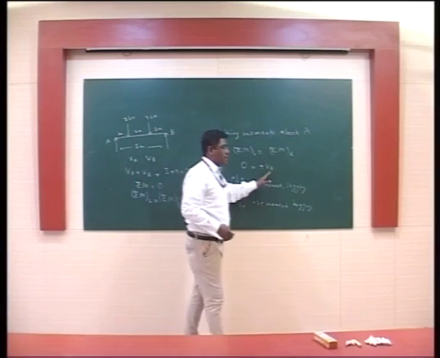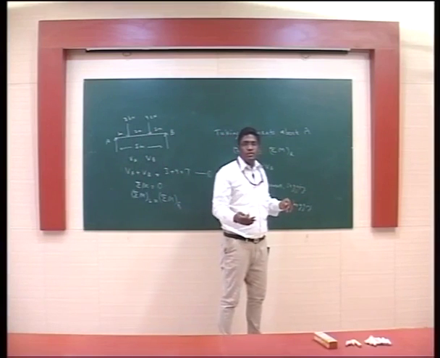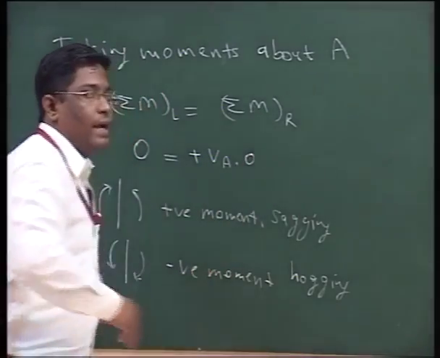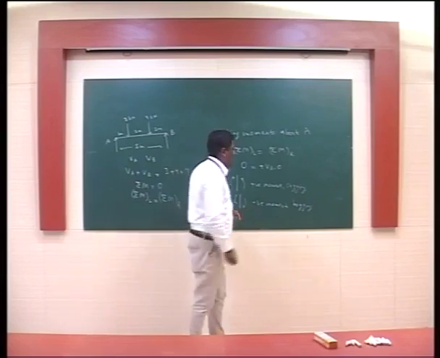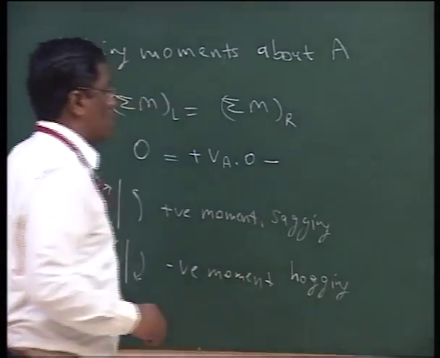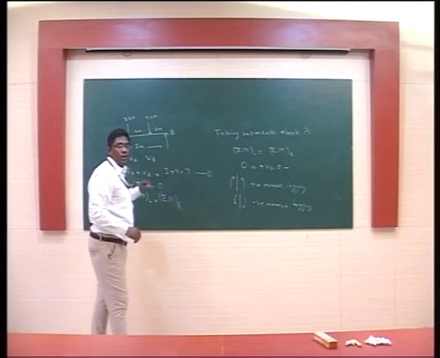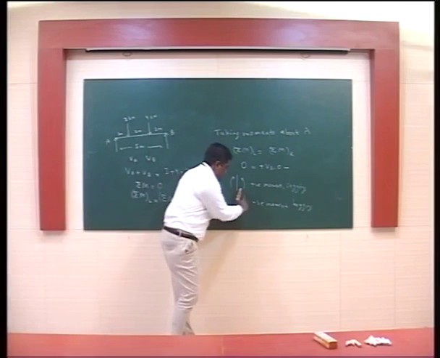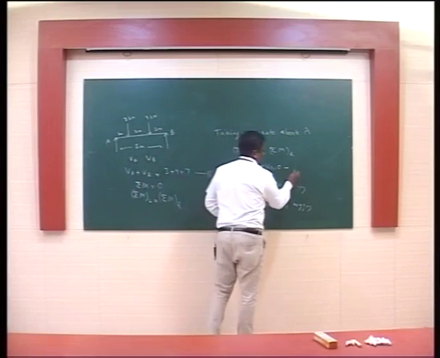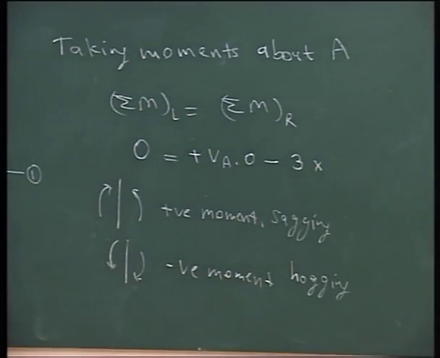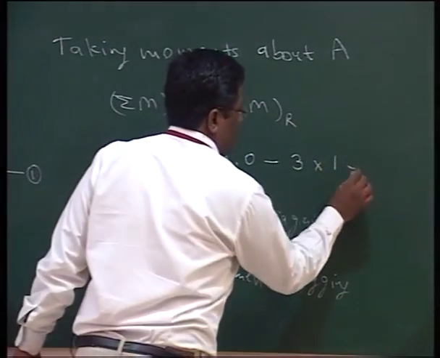Interestingly, VA is applied on A only, so the perpendicular distance from A to A is 0. Now this load, 3 kilonewton, is causing a downward movement, so that means it is negative. What exactly is the distance? The distance is 1 meter. So that means 3 into 1.